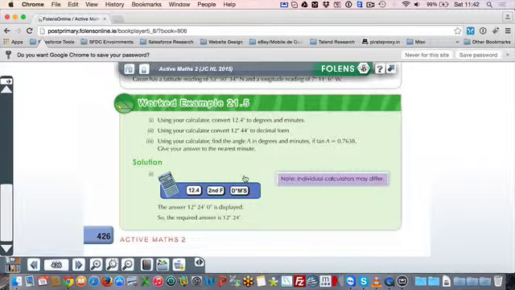Sorry, I was a bit slow. So what was it? If tan of A is equal to 0.7638, find A to the nearest minute.